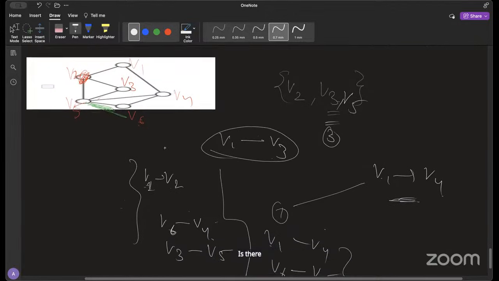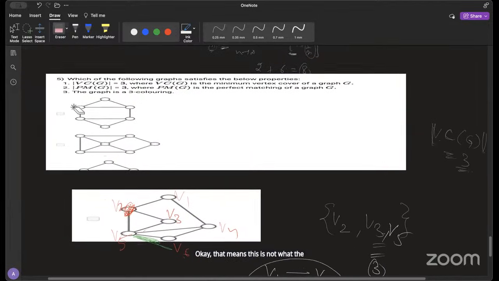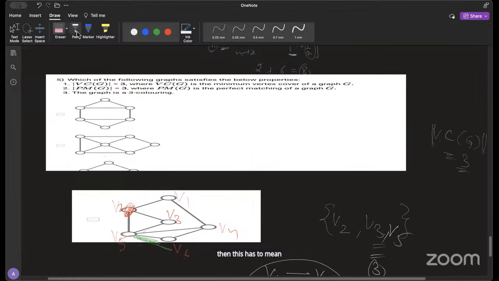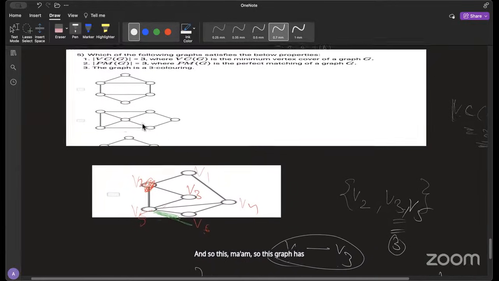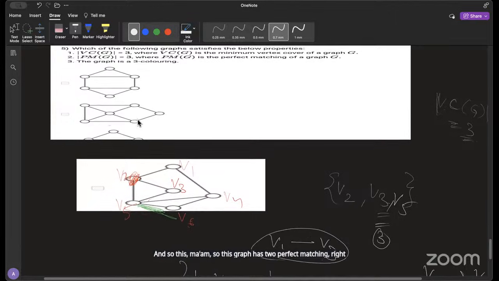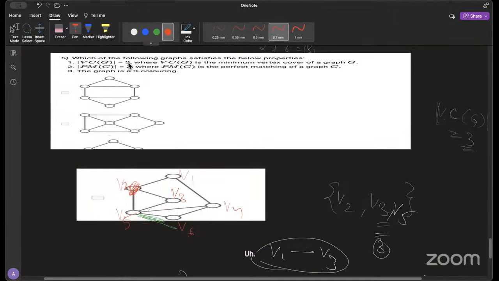Is there any other way to match things here? No, ma'am. It has only two edges. So you cannot have it. Okay, that means this is not what the question suggests. Then this has to mean something else. That means it suggests that this graph has two perfect matchings, right? Not three. But I was just trying to make sure that is this what it means?